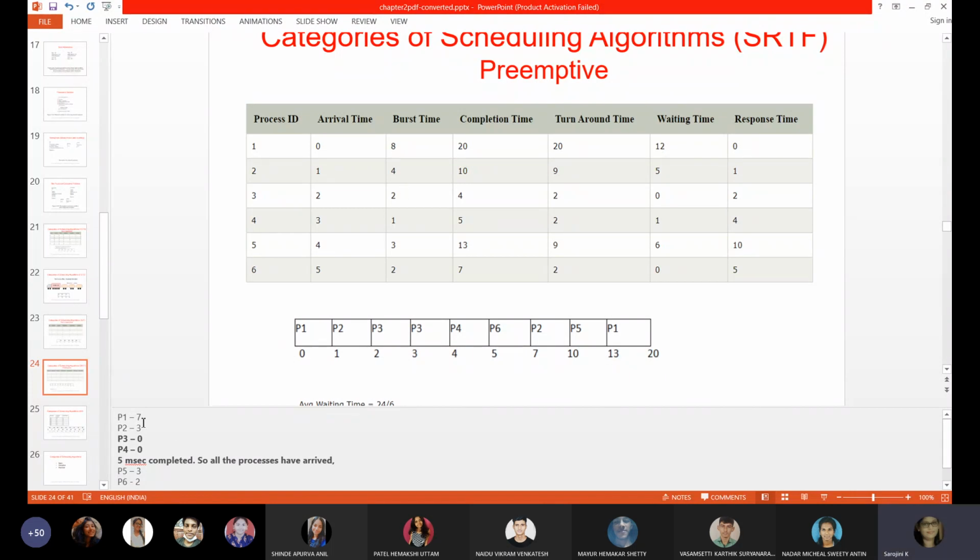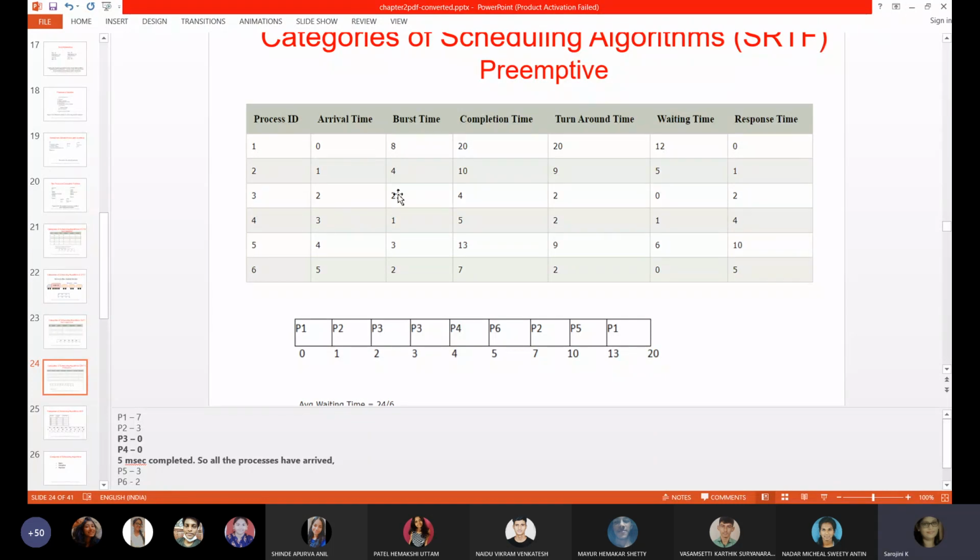Process P1's burst time is currently 7 milliseconds. Process P2, out of its 4 milliseconds, completed the execution of 1 millisecond. So its remaining burst time is what? 3 milliseconds. So I have written here P2 3. Now which new process arrived? P3. P3 arrived newly.